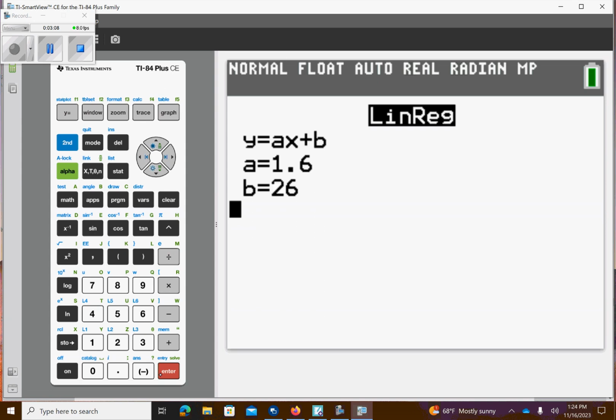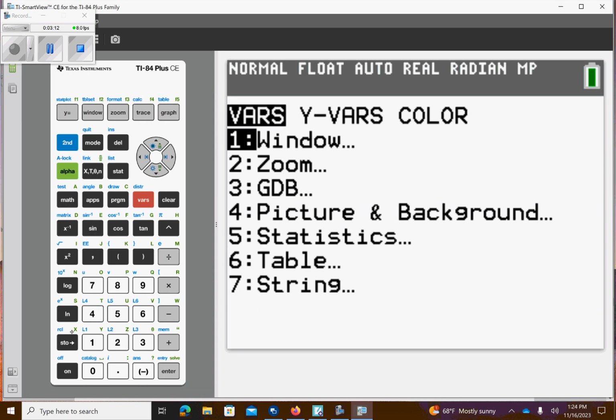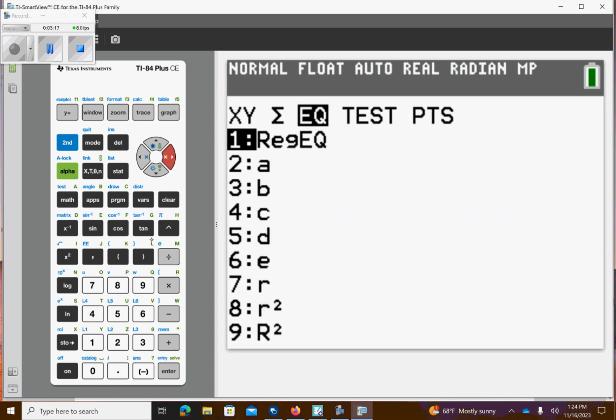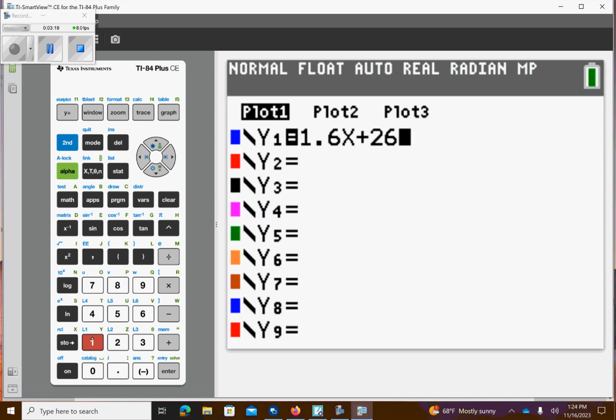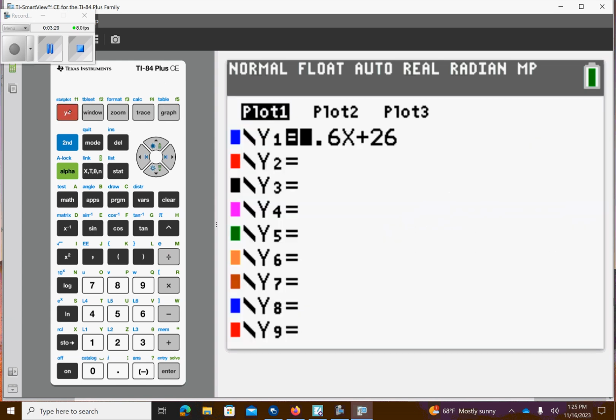So the nice thing is if you go y equals, vars, statistics, go over to equation, hit the regression equation, and then hit graph, it's going to graph our line of best fit. So what does the slope mean in the context of this problem? Well, our slope was 1.6.